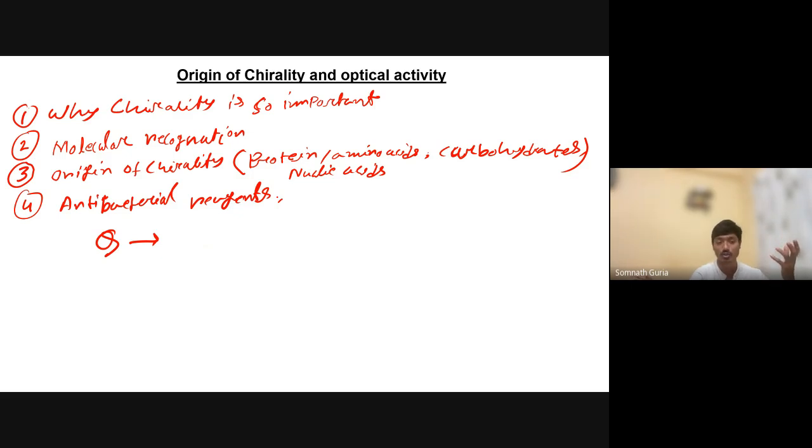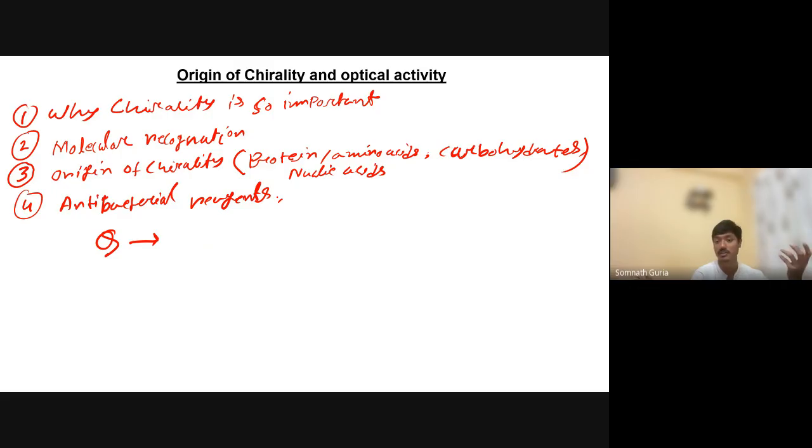So now the question is, when our earth developed, it was a huge, hot earth, and it started producing different kinds of organic molecules like amino acids and carbohydrates.